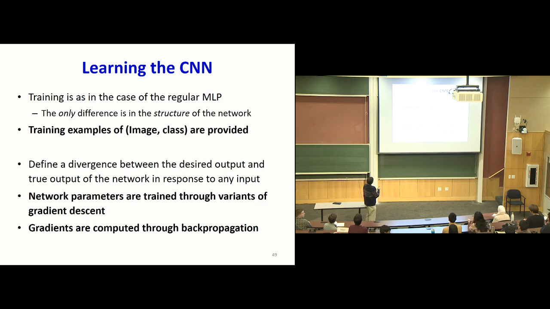So first, you would assume that you have training examples where you have the images and their class labels. You define a divergence between the desired output and the true output of the network in response to any input. And then the network parameters are trained through variants of gradient descent, the same techniques that you've used in homework 1, for instance. And the key portion is that the gradients are computed through backpropagation.